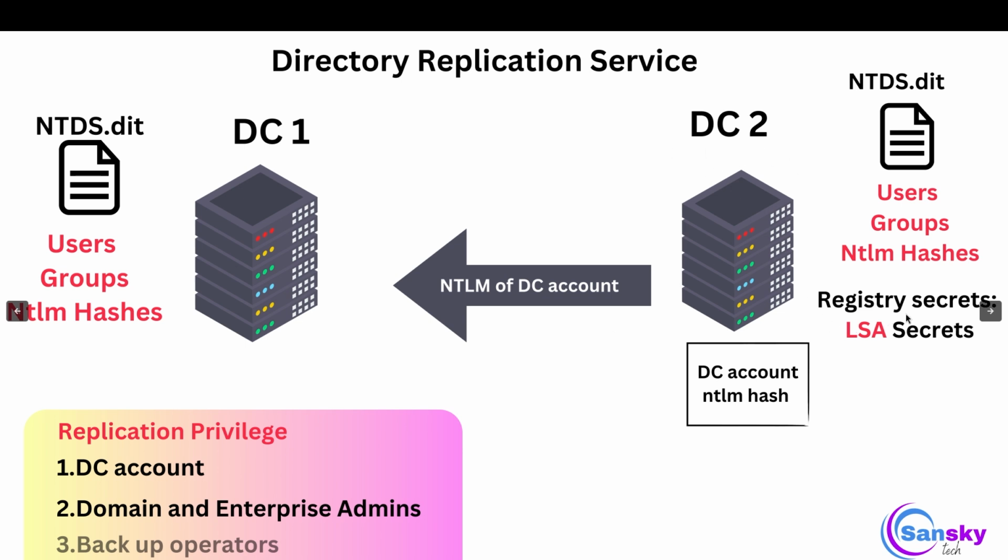It also needs registry secrets like LSA secrets and more. In order to get this information from DC1, there is a service called Directory Replication Service that DC2 is going to use to ask DC1: hey, can you please give me your ntds.dit? I want this information in order to be the second DC in this domain.